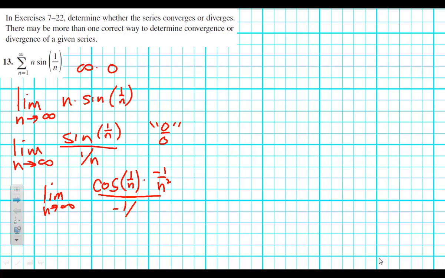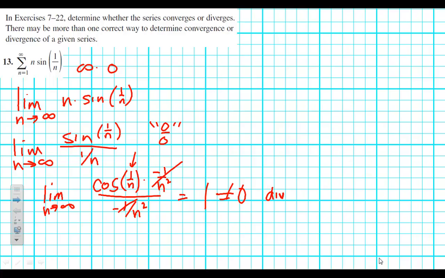Somehow my n turned into an m. Hey, those two cancel. So now what is the limit of cosine of 1 over n as n goes to infinity? This thing turns into a 0, it becomes cosine of 0, which is 1. This is not equal to 0.